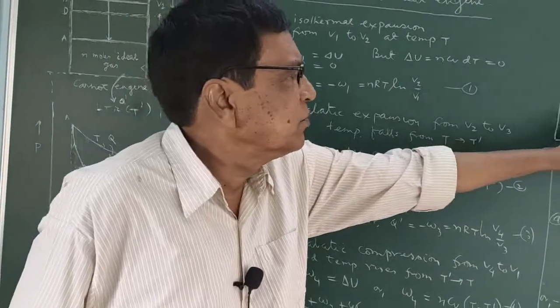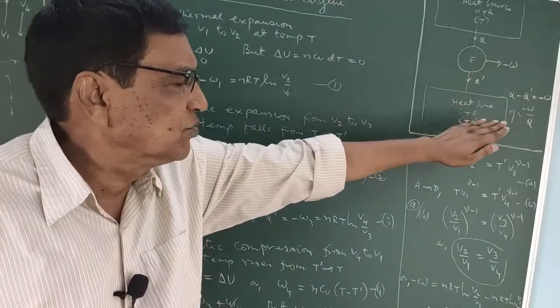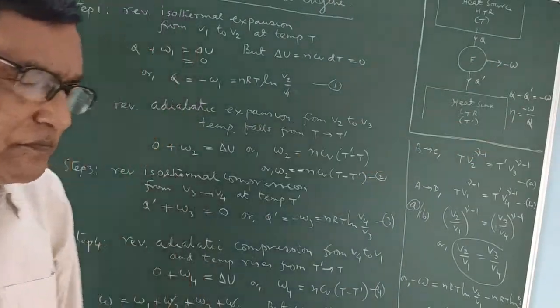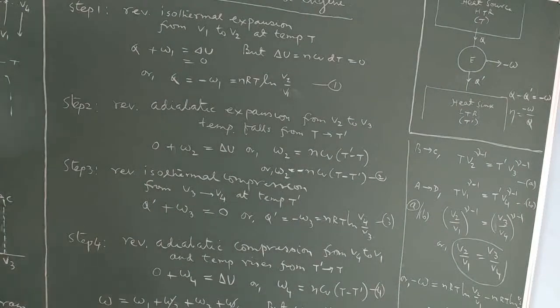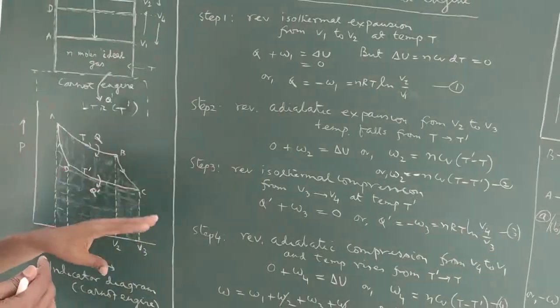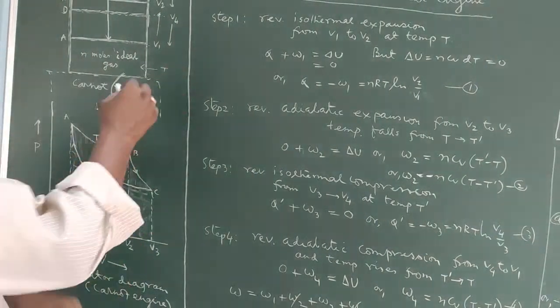The heat Q dash is removed from this engine to this LTR, to keep the temperature of the working substance of this cylinder fixed at T dash.